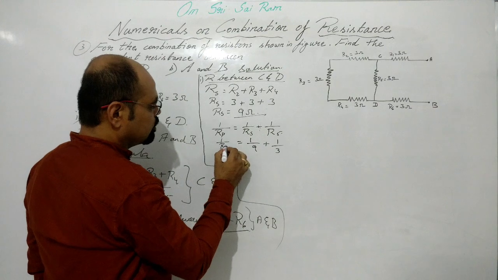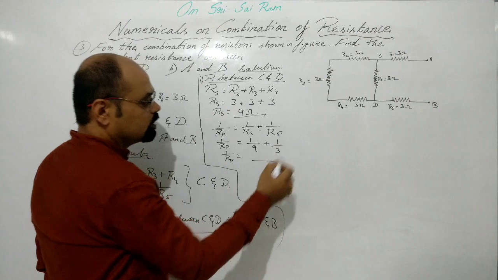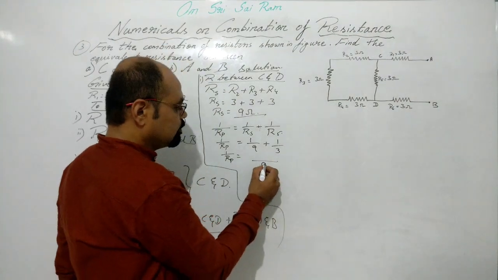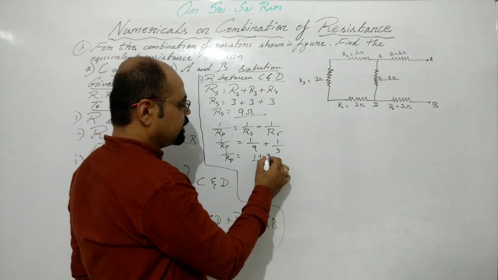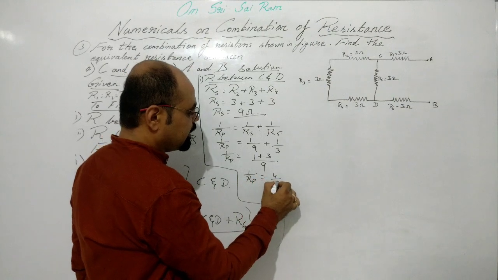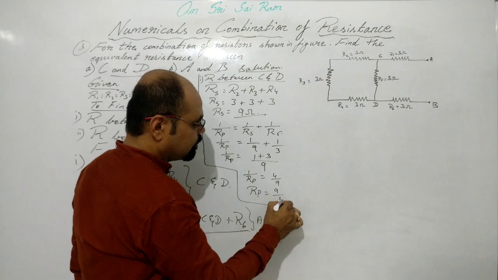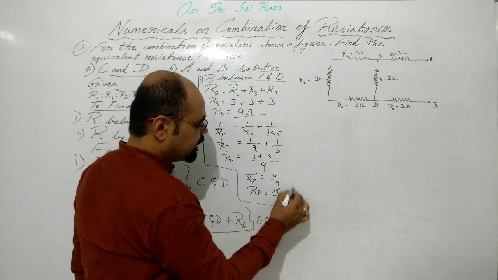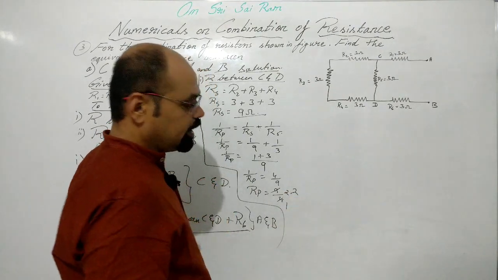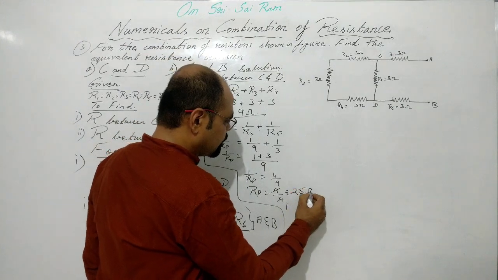Okay, so 1 by Rp, we take the LCM of 3 and 9. So 9 is the LCM. 1 plus 3, we got 1 by Rp equals 4 by 9, and Rp is the reciprocal. So 9 by 4. 4 1s are 4, 4 2s are 8, 1 carry. 4 2s are 8 again, and 2 carry. 4 5s are 20. 2.25 ohms.